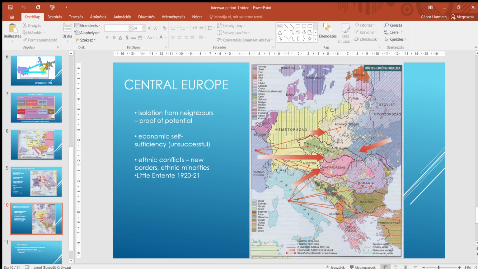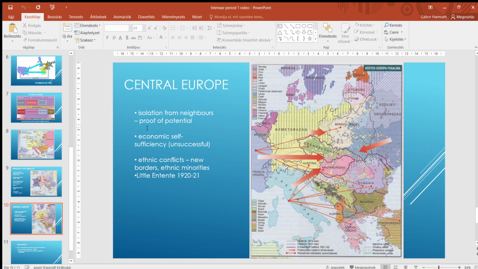Central Europe. In Central Europe, you know, the monarchy collapsed, and new countries like Czechoslovakia, Romania, the Serbian, Croatian, Slovenian Kingdom, so Yugoslavia to the south, and Austria, all became isolated countries. So actually they wanted to prove that they are potentially economically potent countries.